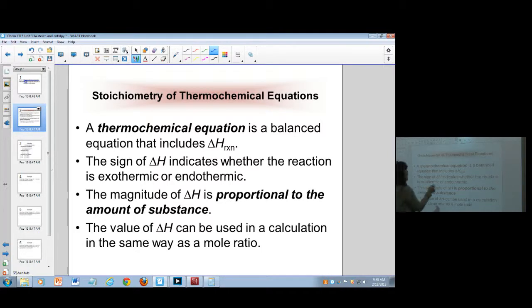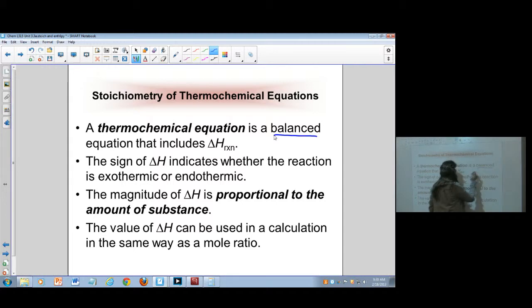Okay, this is a balanced equation. And the big difference here is that it also tells you the delta H of reaction. And that delta H of reaction has a sign. The sign tells you whether the reaction is exothermic or endothermic. If you have a negative delta H, then the reaction is exothermic.